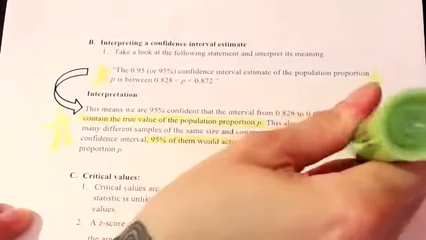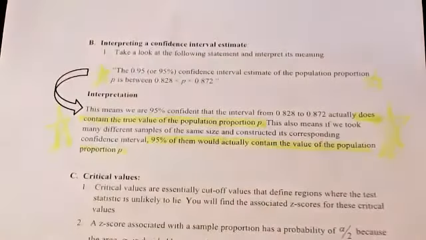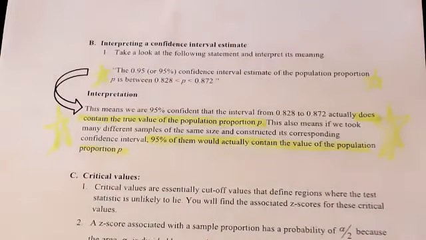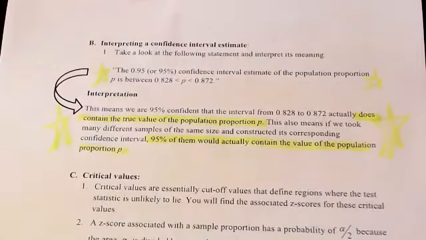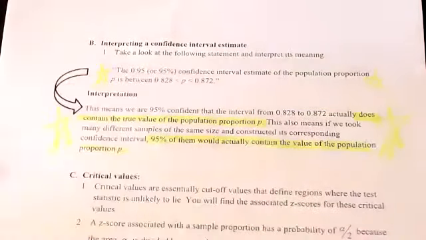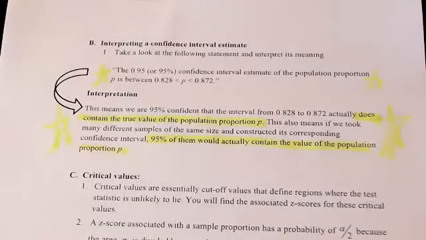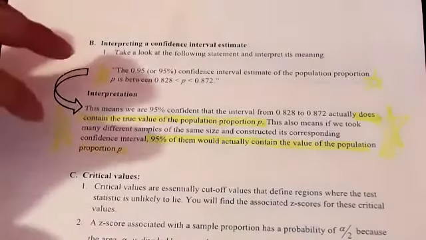Yes, excellent. I hope that you're making the connection between that statement and its interpretation. This confidence level is essentially saying how confident we are that the population proportion falls within this range. And then, of course, if we collect different samples of the same size, we are confident that 95% of them would actually contain the value of the population proportion P. There's a lot to unpack here.